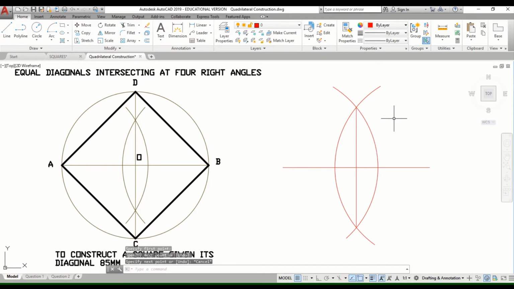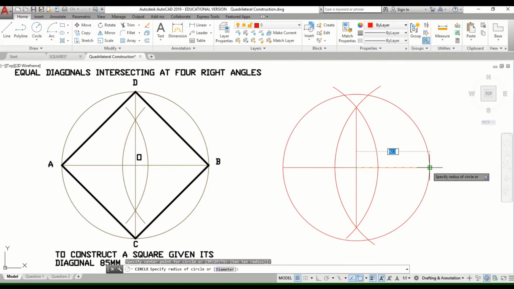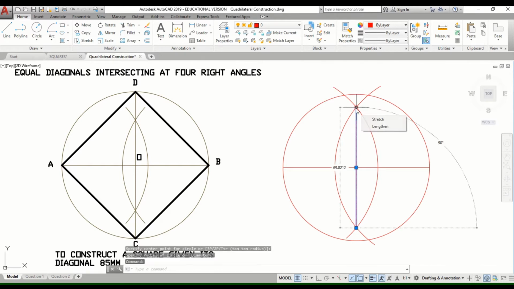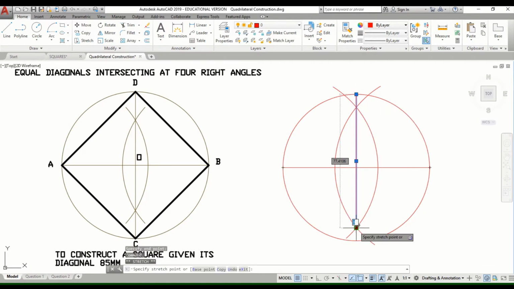So from this bisection now, I can use the circle tool and draw a circle that is equal to half the length of the diagonal. I will use lengthen to extend my construction line to make the circle. I can also use extend, but a simple lengthen will work in this case.